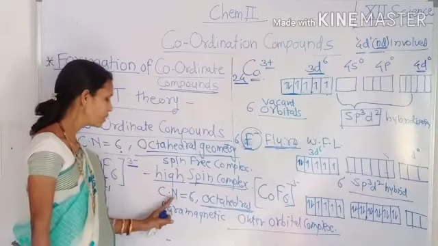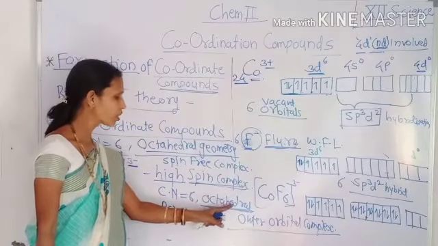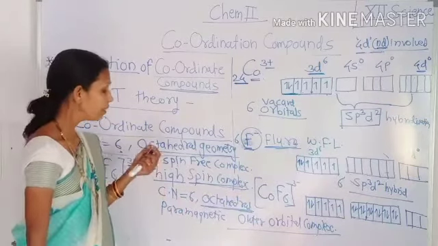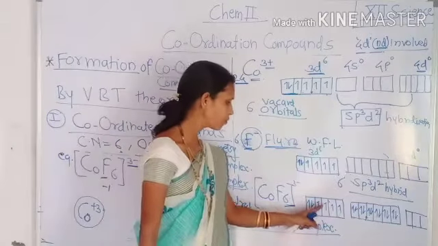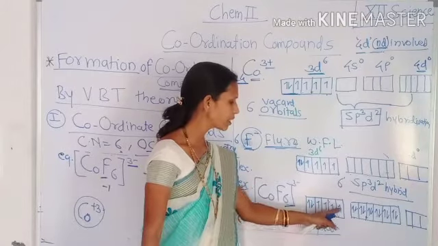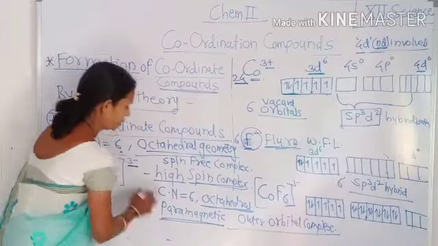The coordination number of this complex is 6, therefore it is octahedral geometry, and in this complex the 3d orbitals are unpaired. Therefore it is paramagnetic in nature.